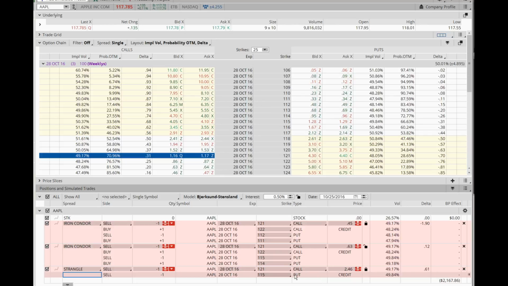Now the problem for this one is that you collect less money compared to the previous price. You sell one short 118 call and short 117 put. For you to make a return, you must exactly stay there. Here, the safety zone for this trade now is 115 to 121.